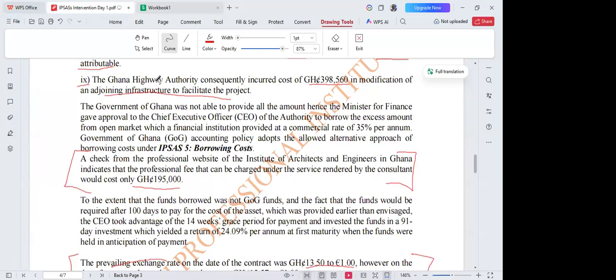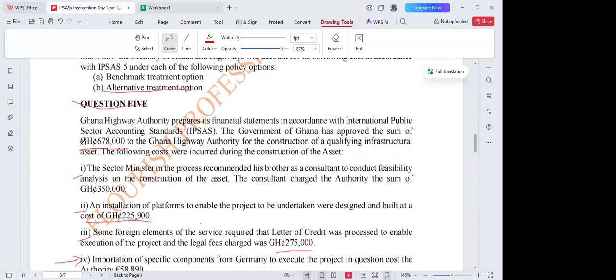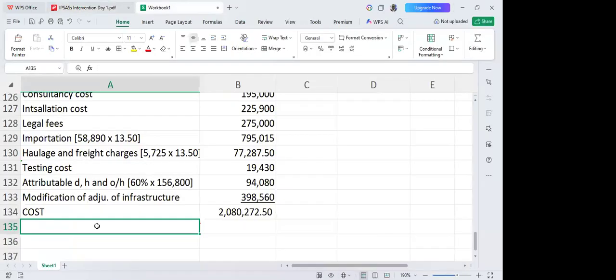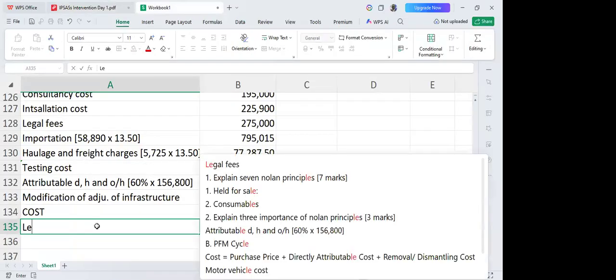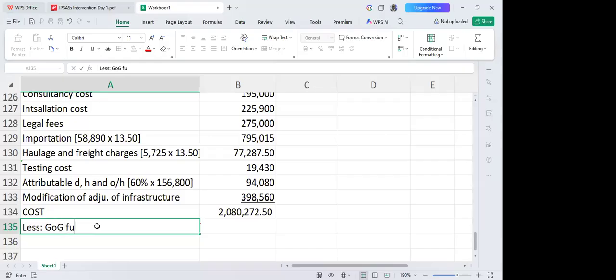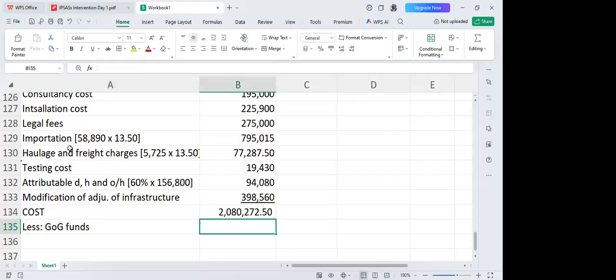So the government of Ghana was not able to provide all the amounts. Hence, the Ministry of Finance gave approval to the Chief Executive Officer of the Authority to borrow the excess amounts. So if you want to get the amount that we borrowed, you have to subtract what the government gave to us. How much did the government give to us? It gave us 678. So we need to less the government of Ghana funds to get the amount we borrowed.